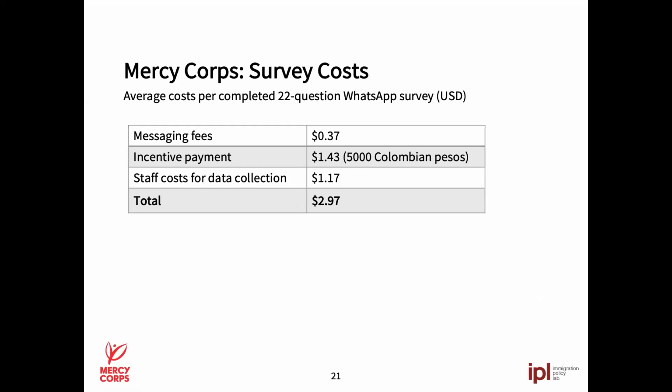So just a couple of big takeaways for us. In addition to the fact that this was very cost effective, it was also a great way to collect information, and also to share information in a very timely manner. We were essentially able to survey hundreds of individuals in a matter of a couple of days.